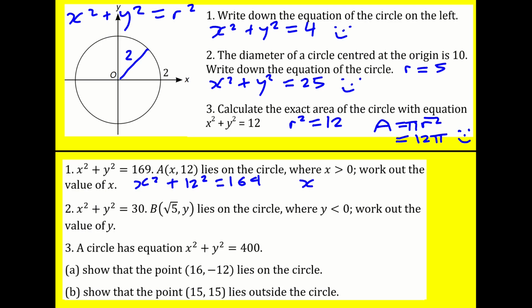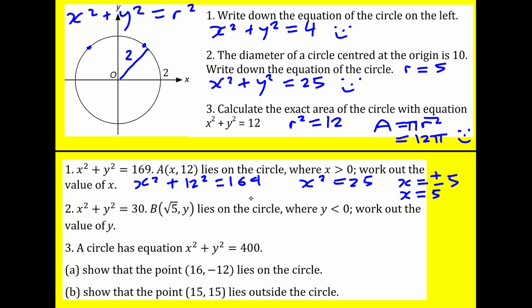So I'm going to do x squared is 169 minus 144, which is 25, I believe. And that means x is going to be plus or minus 5. I've taken the square root, but I've included the positive and the negative, because for a given y value, you're going to get two different x values on this circle. But it does say that x is greater than 0. So in fact, x is going to equal 5.